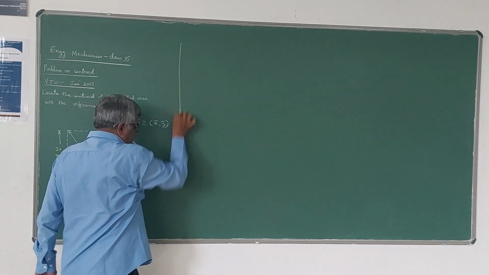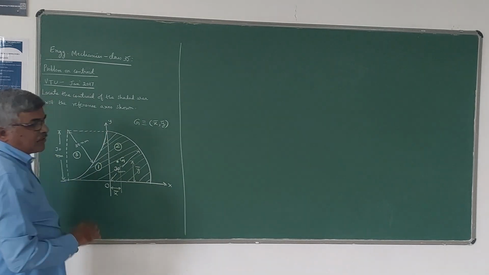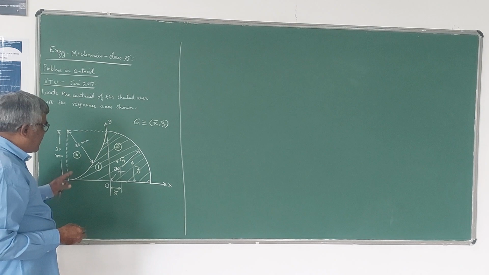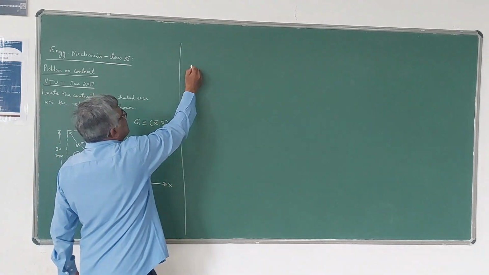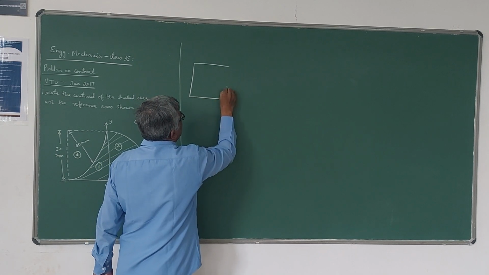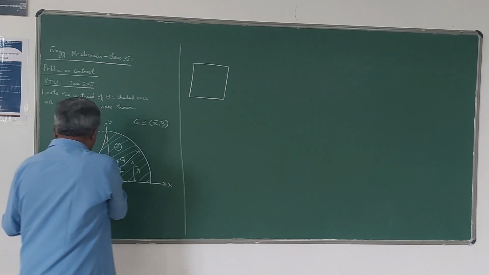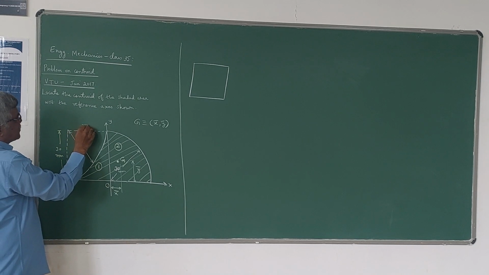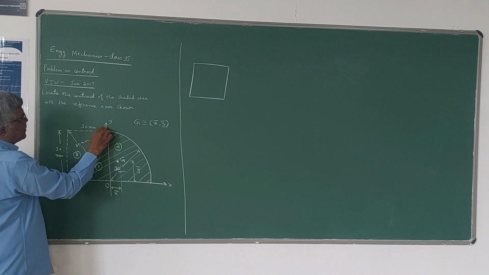Now once again let us analyze this by drawing the tabular column. Before that, let us locate the centroids of the individual sections, the simple sections. First one is a square. You can see this is a square of side 30 mm, 30 mm by 30 mm.